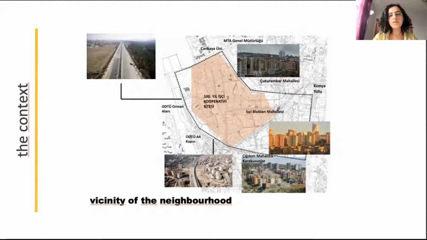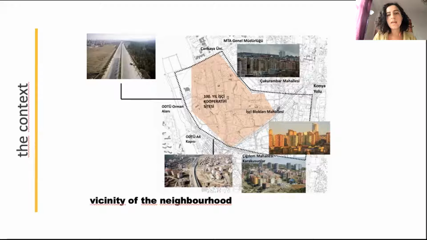You see here some pictures of how different neighborhoods around it were transformed in recent years, and this specific neighborhood, which is a neighborhood for workers, and which has a really balanced urban and rural, and also open and public spatial organization, has this pressure around it.